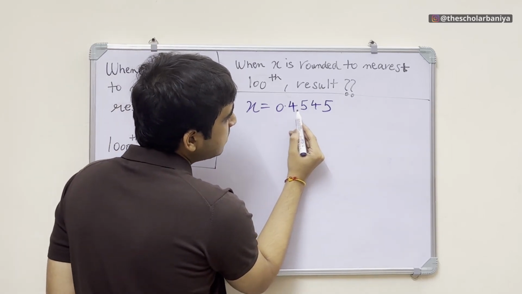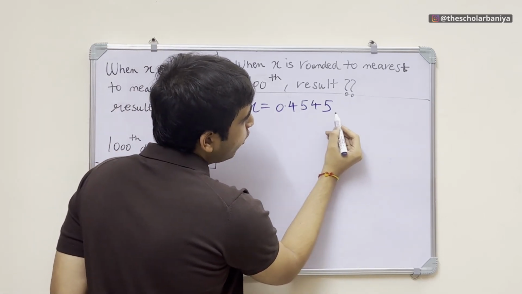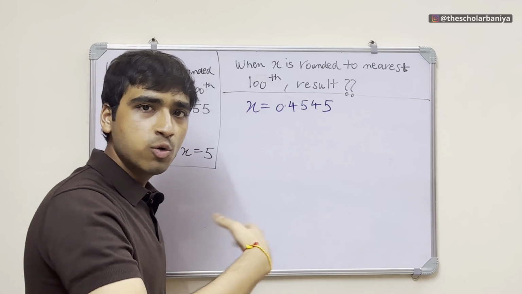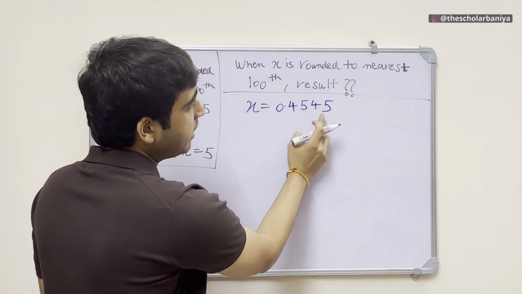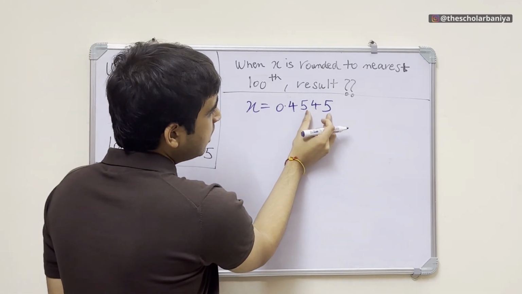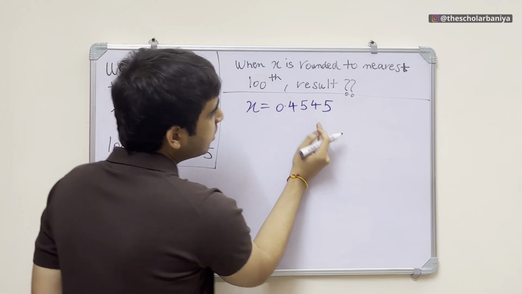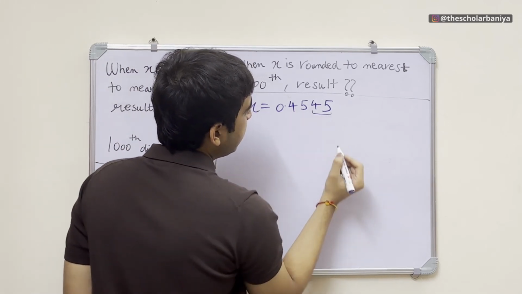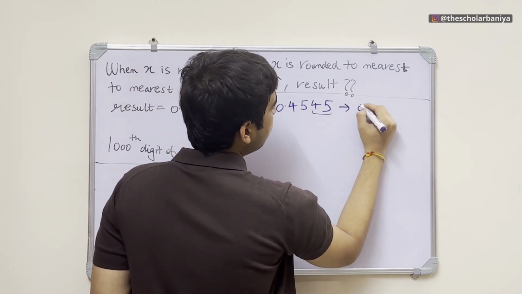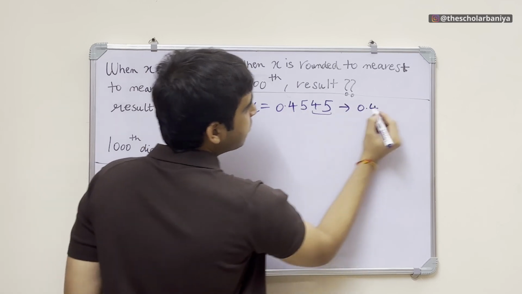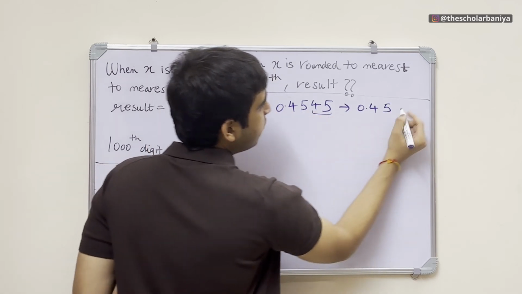Since this is 45, we will round that to 5, because this is 4 and 5. So if we round this number to a single digit, this will become 5, and the answer we get is 0.45 and this part will become 5.